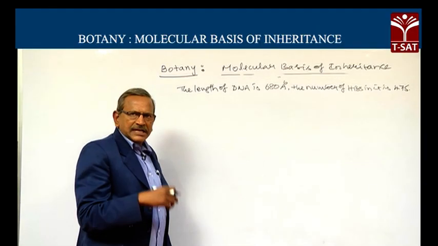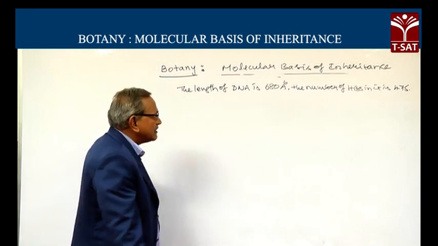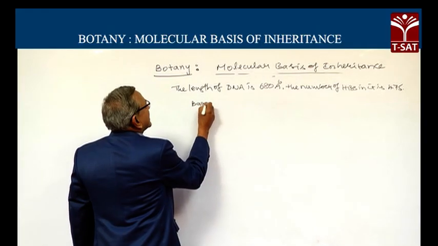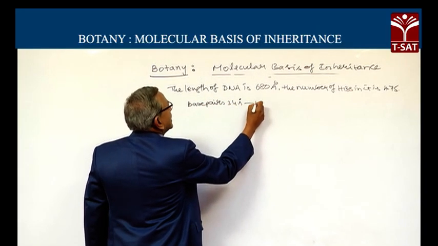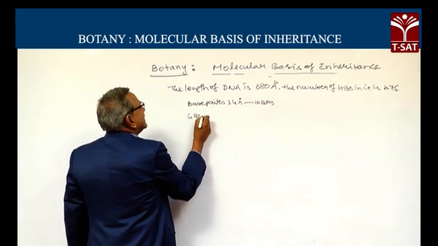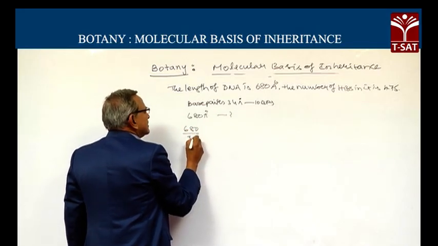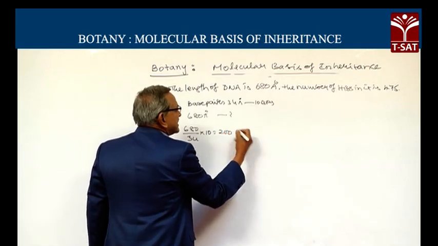Using this information, let us try to calculate different things we discussed so far. How many base pairs are here? In 34 angstroms you have 10 base pairs. In 680 angstroms, how many? 680 by 34 into 10, 200 base pairs are here.